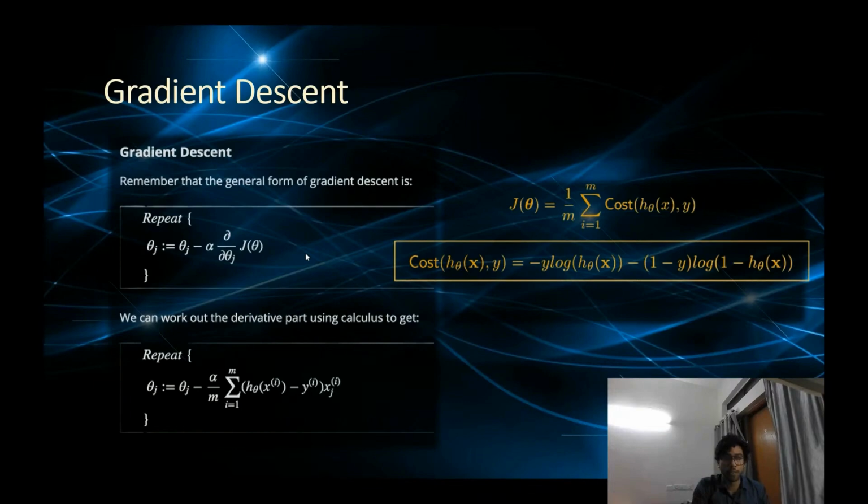So a smaller alpha would increase computational time, whereas a bigger alpha would reduce computational time, but at the same time it might have some chances of not converging. It might diverge as well, right? So again, please go through the previous lectures to know about these answers in more detail.